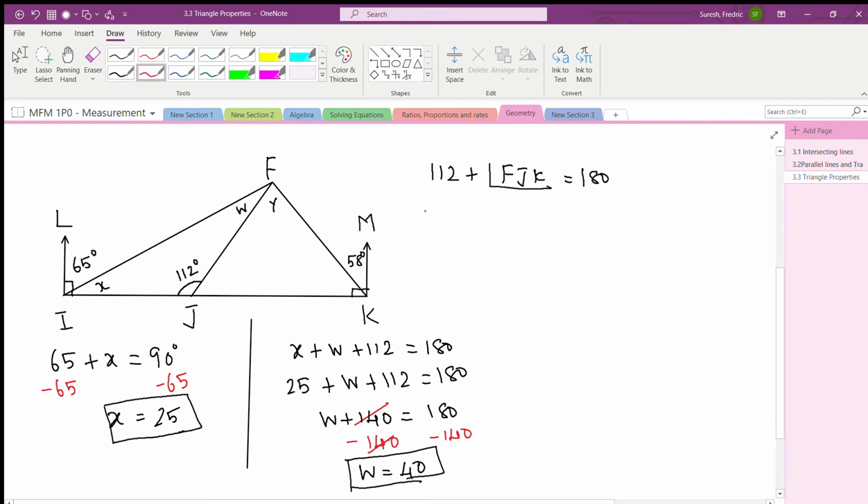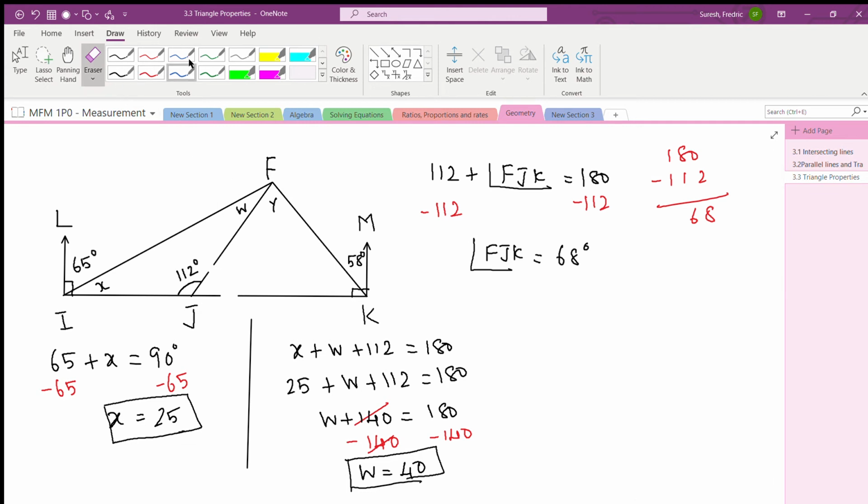So take away 112, take away 112, and what do we do here? 180 minus 112: 10 take away 2 is an 8, and so now this becomes a 7, 7 take away 1 is a 6, so that is 68 degrees. So the angle FJK is 68 degrees. So this angle now we have found, let's use a different color because we just found it. This angle would be 68 degrees.